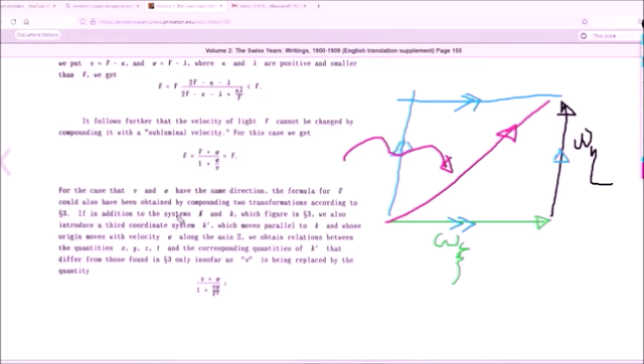If in addition to the systems K and small k, which figure in section 3, we also introduce a third coordinate system K prime, which moves parallel to K and whose origin moves with the velocity W along the axis, we obtain relations between the quantities x, y, z, and t and the corresponding quantities in K prime that differ from those found in section 3 only insofar as V is replaced by that quantity.